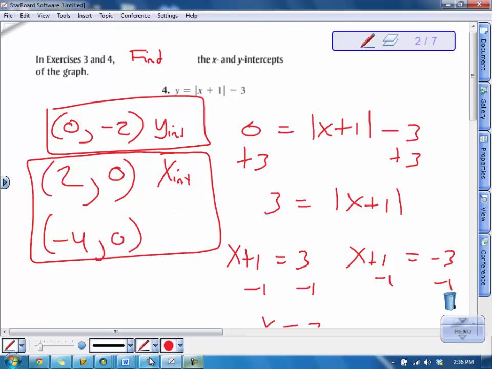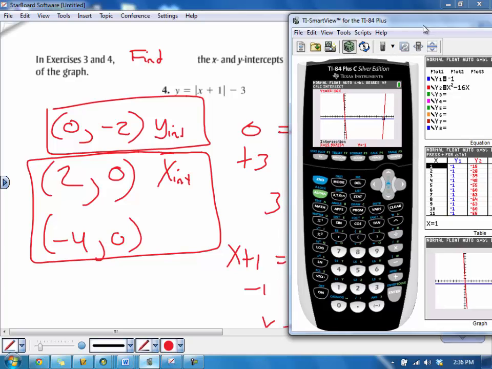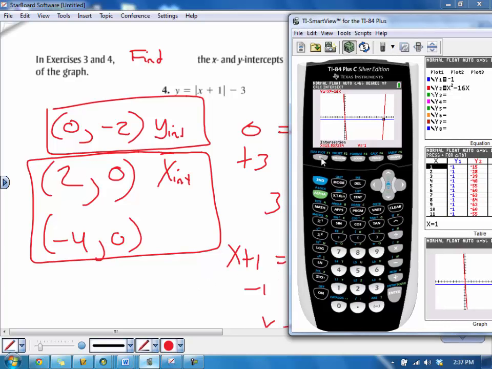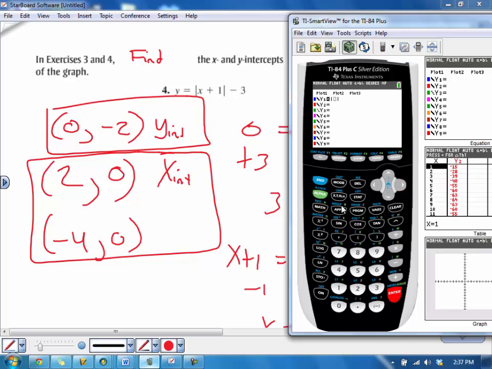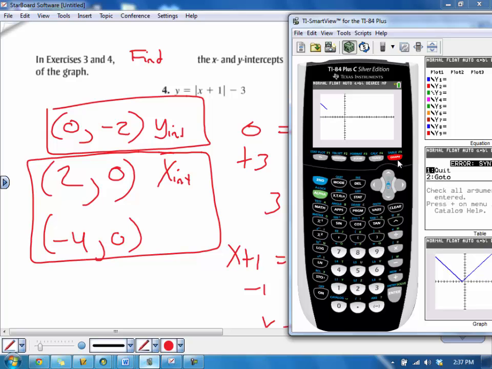Now you can always double check this with the graph in your calculator, which might be helpful. You can use your calculator on the whole exam. We'll go ahead and just type this in. You get, let's see, math, absolute value of x plus 1 minus 3. And you can see that these are right.